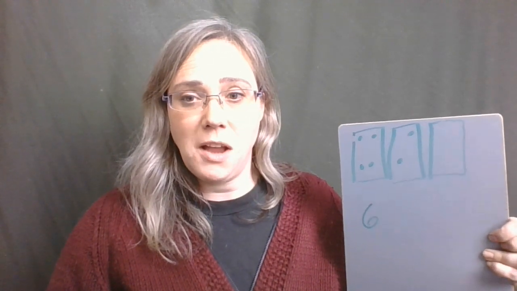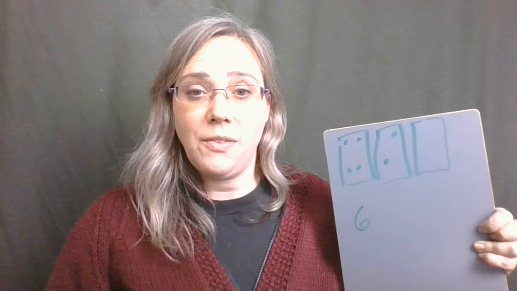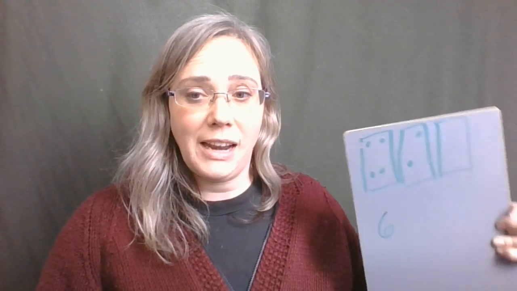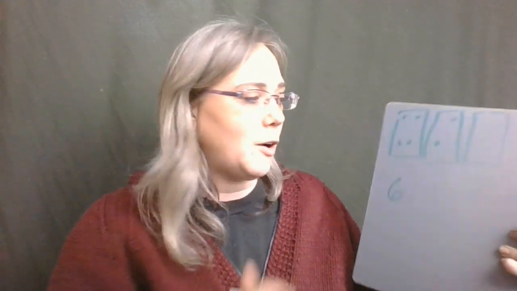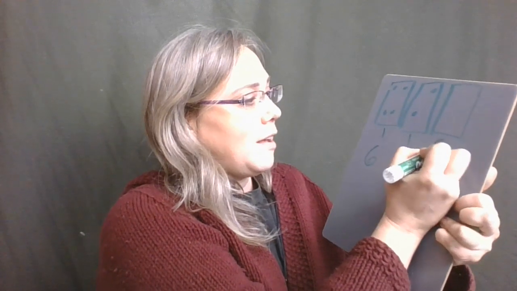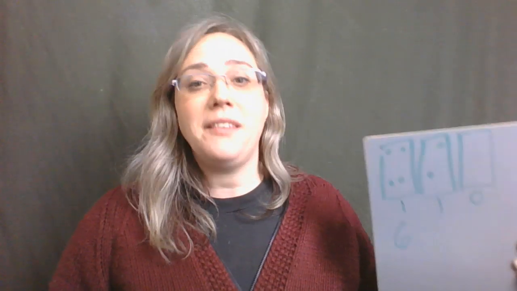Now I'm seeing 6 numbers. Everywhere a card is face up, we count it as a 1, and any card that's face down, we count as 0. So 1, 1, 0 is how you write 6 in binary. Now these cards will actually help you write all the way up to 31. So if you use these cards, you're halfway there, and in fact, you can do all your binary work for this with just these cards.